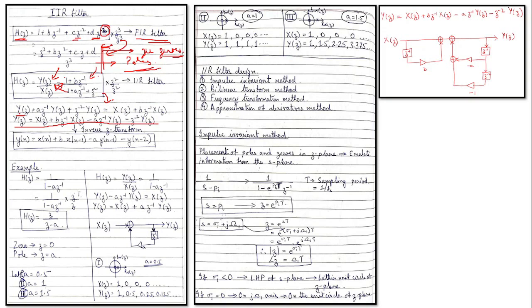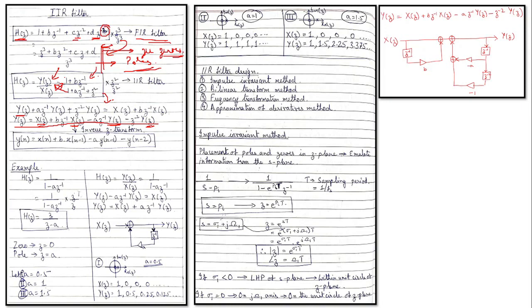This equation tells us that the current output is dependent on the present and past inputs. Apart from that, it is also dependent on the past outputs. So that means in the FIR filter, this was not the case.